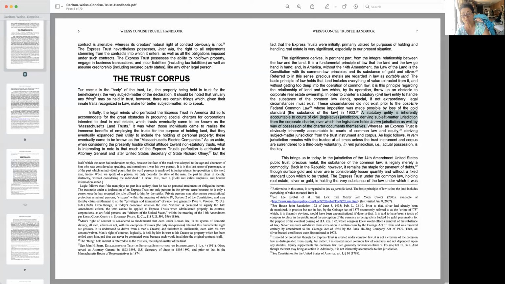Oh, interesting. An in rem proceeding refers to a lawsuit or other legal action directed toward property. That's what it is. When we go to the traffic court or this or that, they're saying that we're property. Rather than toward a particular person, the action must be brought in the court, which has jurisdiction, as determined by the location of the property. Usually the property must be located in the same county as the court for it to have in rem jurisdiction.